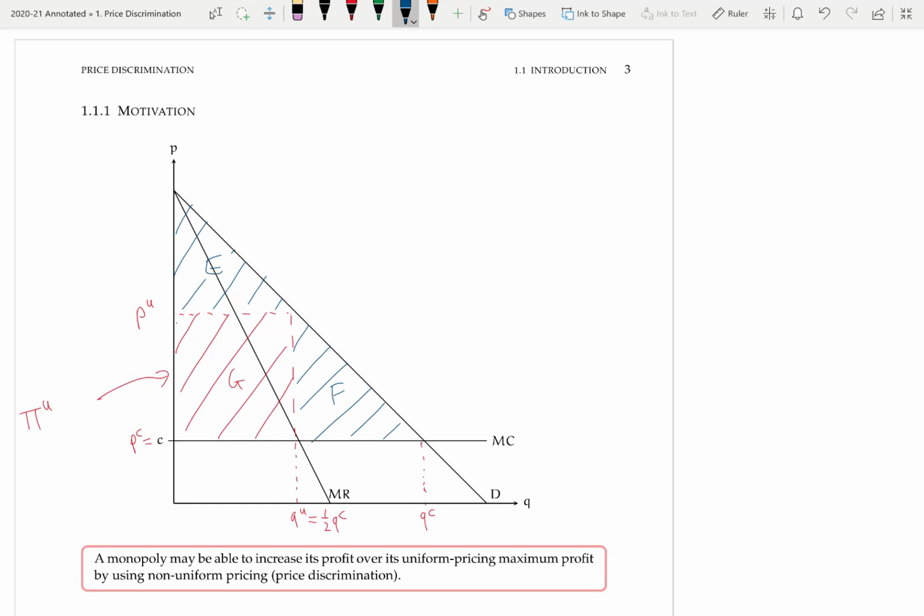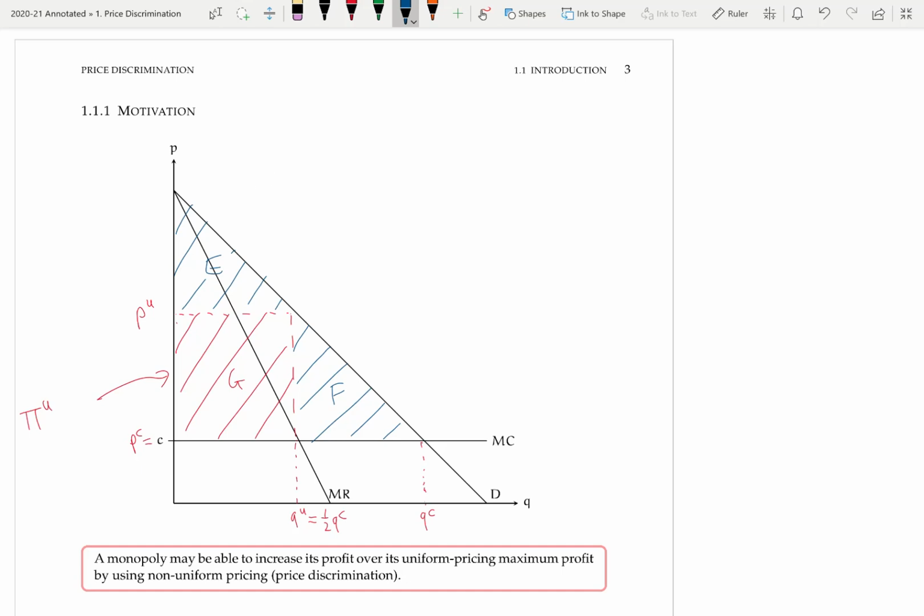So what are these two areas? Well, let's look at F first. What is the welfare under uniform pricing with a monopolist? It's the area under the demand curve and above the marginal cost curve between 0 and the quantity of the uniform pricing monopolist. So the welfare is only E plus G. Now E, what's that?